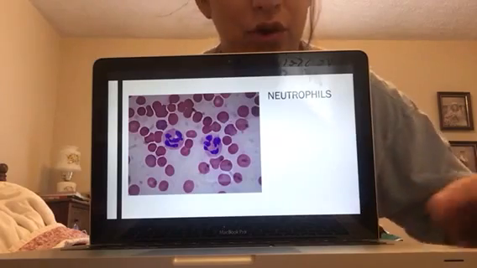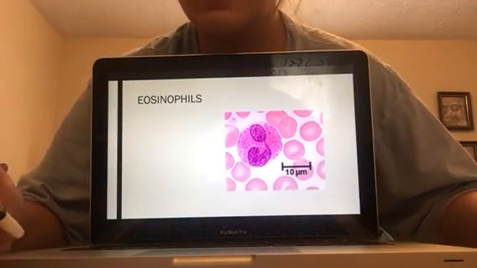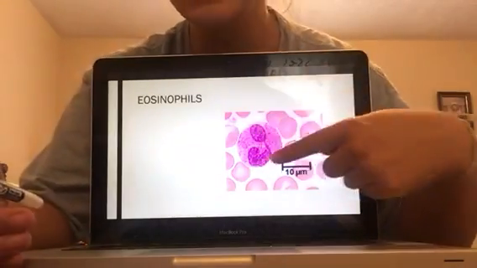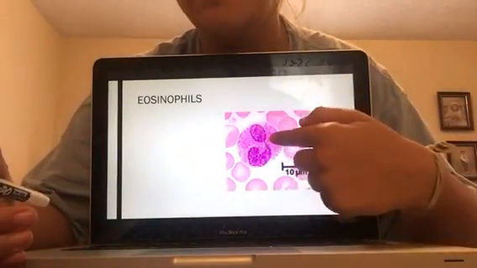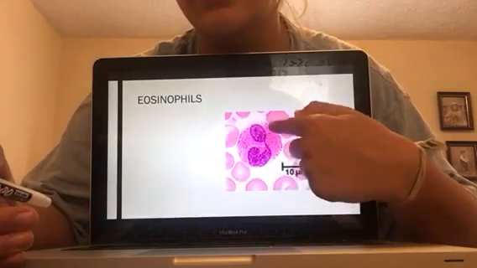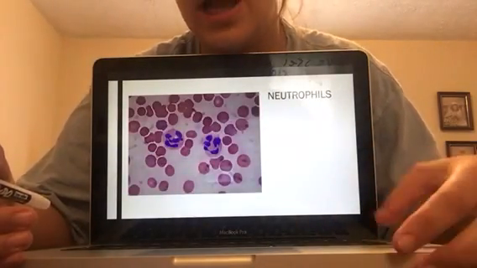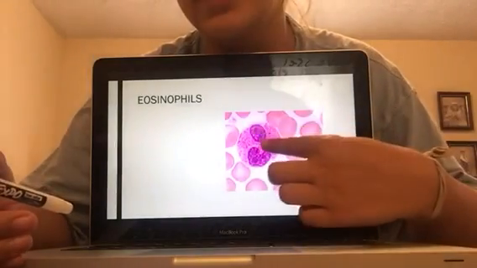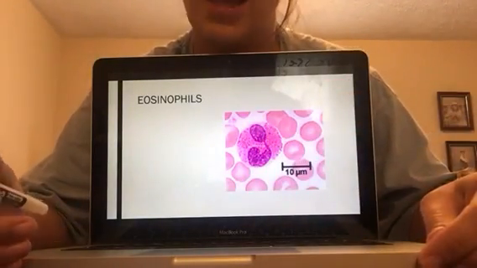So now we're going to move on to our eosinophils, and as we see, they're multiple lobed too. I think the number was 3 lobes, but if you look, they're very rounded. So in our neutrophils, they were oblong, as I stated earlier, but these are very rounded, and that's how we identify them. We also identify them because they're a lighter color.